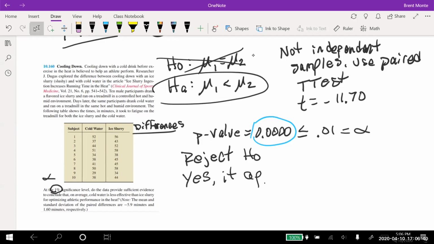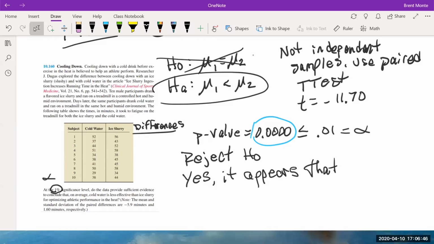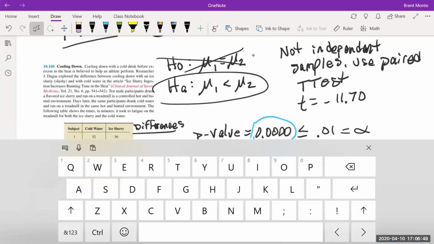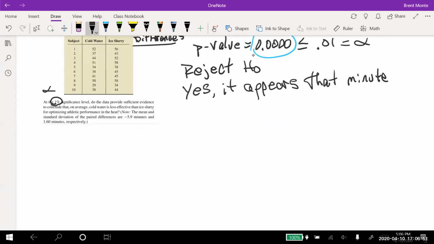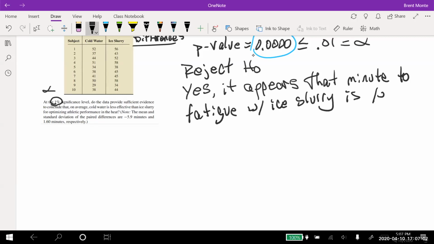It appears that minutes to fatigue with ice slurry is less than, ooh, I said the wrong thing right there.